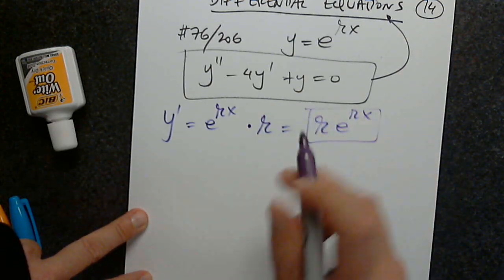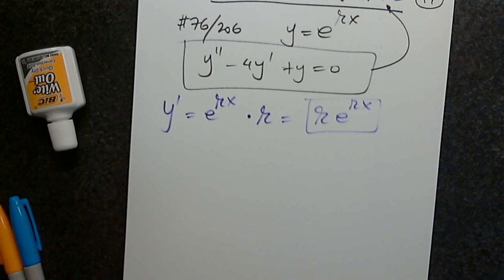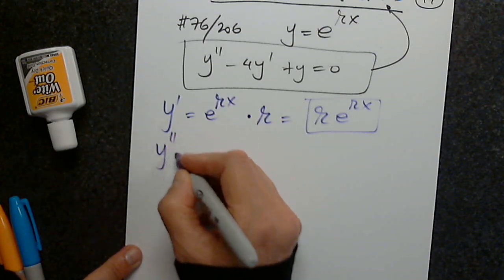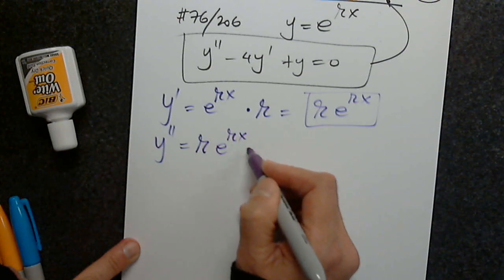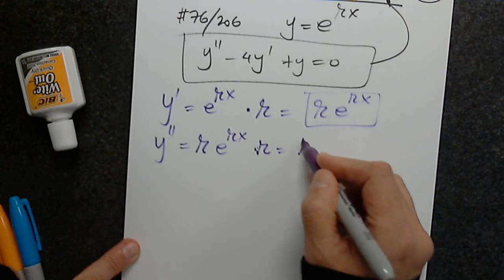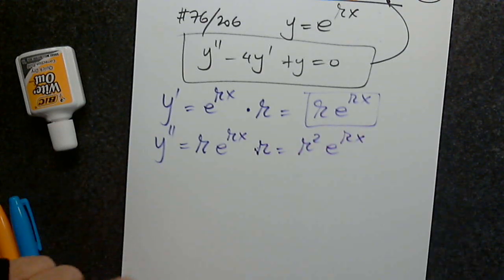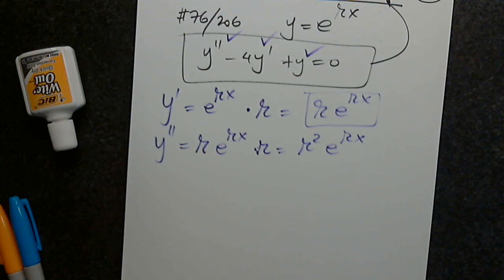Do we all understand this? Good. Now what? The second derivative, very good. So then I have r e to rx times r, so this will be r squared e to rx. So I have the function, the derivative, and the second derivative. Now I have to put everything together. Can anyone dictate?